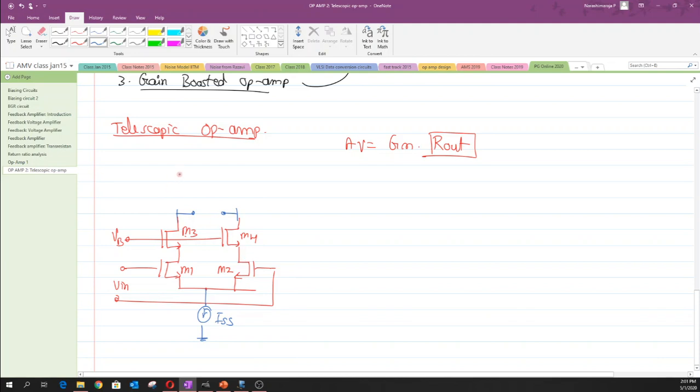And on the top we still have a load that tries to mimic these currents. We want this current source to be exactly half the value of this ISS. So let me write it as I1 and I2, and we want I1 and I2 to be equal to half the value of the ISS that is being drawn by this particular structure.